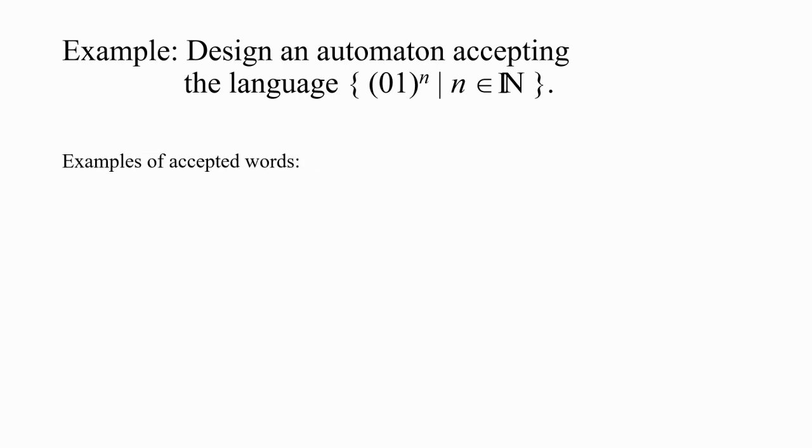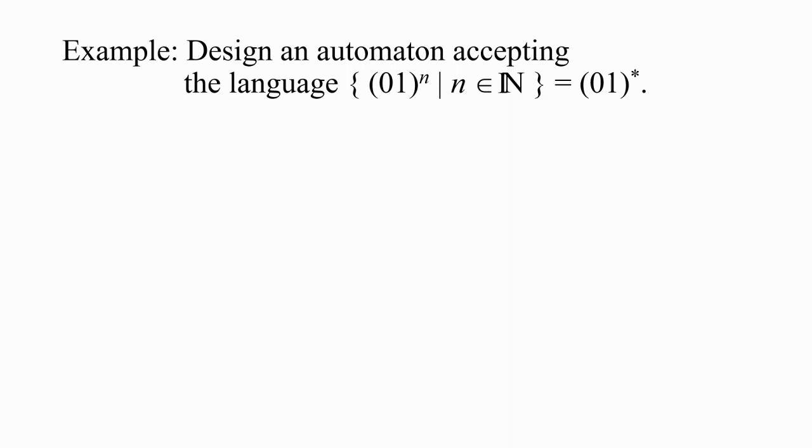Now we are going to list some of the accepted words, starting from the shortest one. The empty word is accepted by this automaton. 0, 1 is also accepted. And 0, 1, 0, 1 is also accepted. 0, 1, 0, 1, 0, 1 is also accepted. And so on.